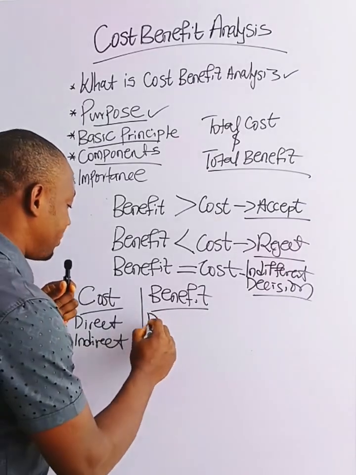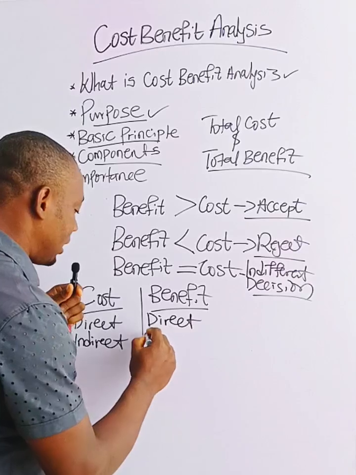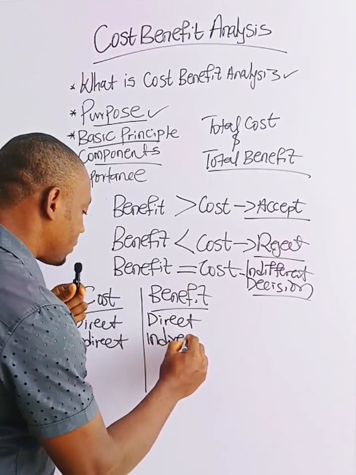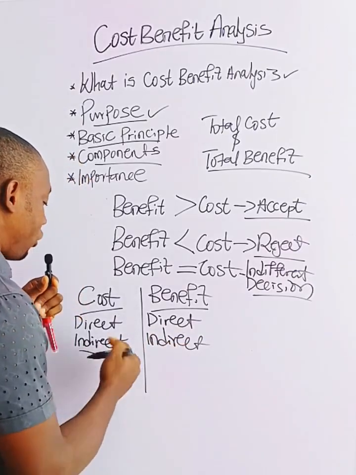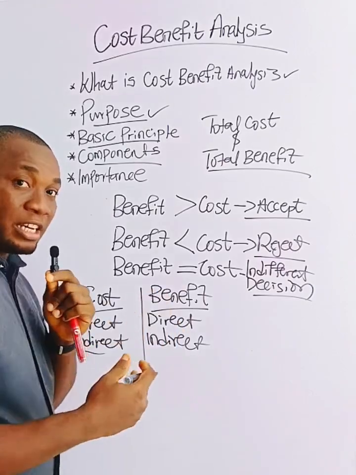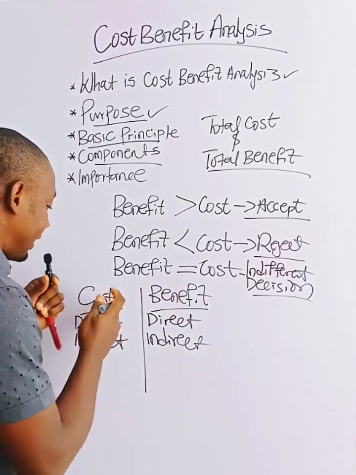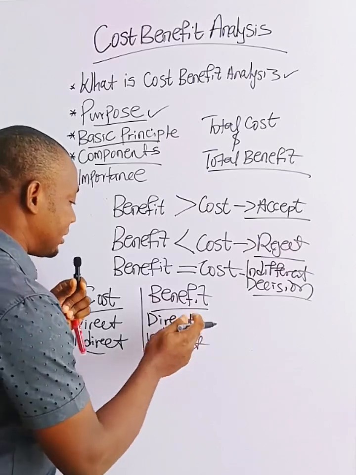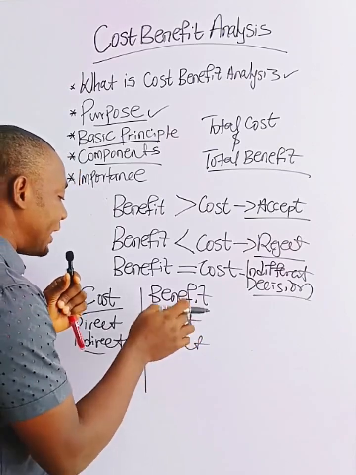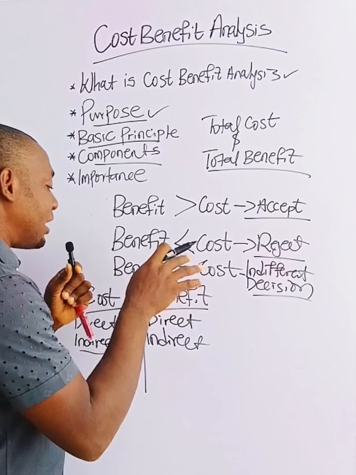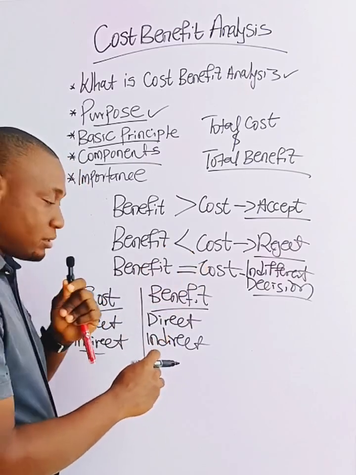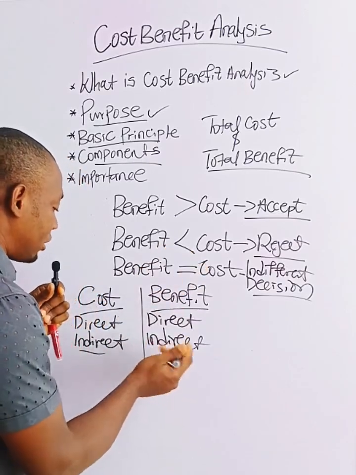We also have direct benefits and indirect benefits. Indirect cost is cost that arises in the process of carrying out the project. Then this is a direct benefit. This is also an indirect benefit, benefits that are not primary. The benefits that are not primary on the project are called indirect benefits.